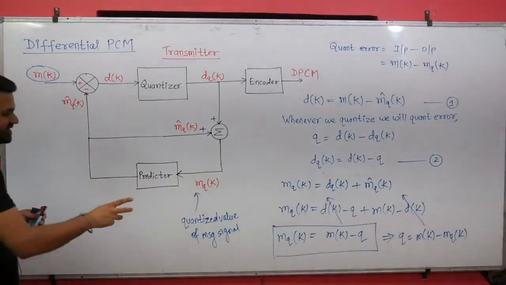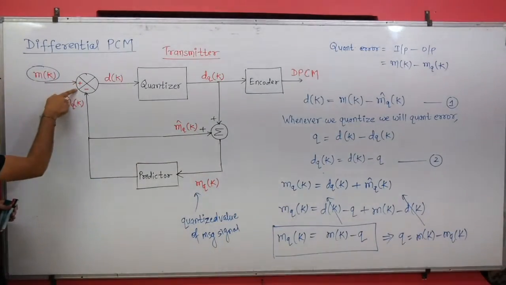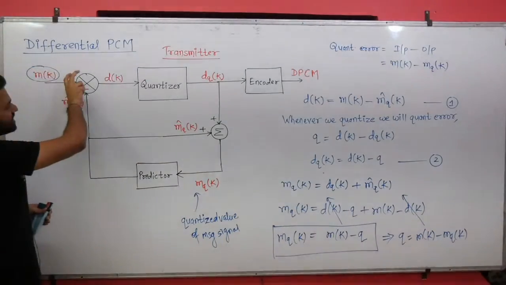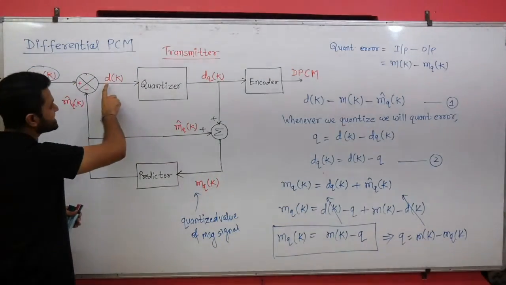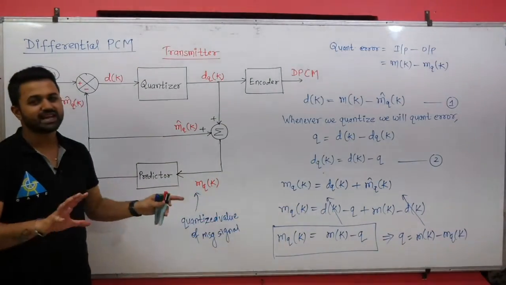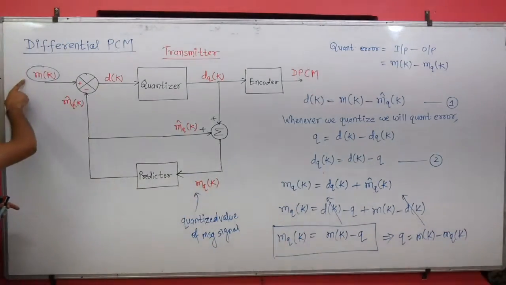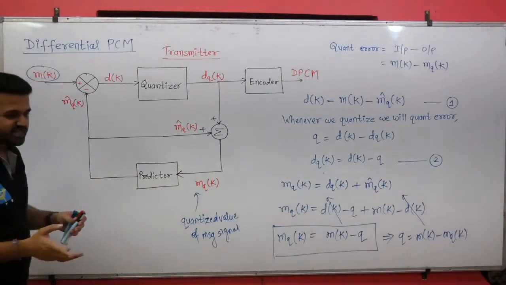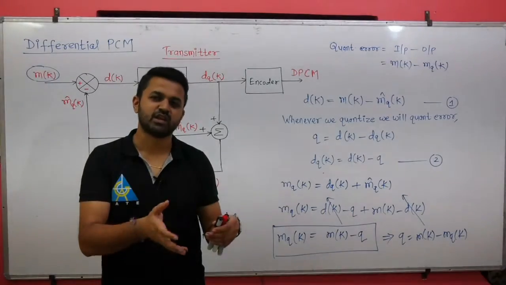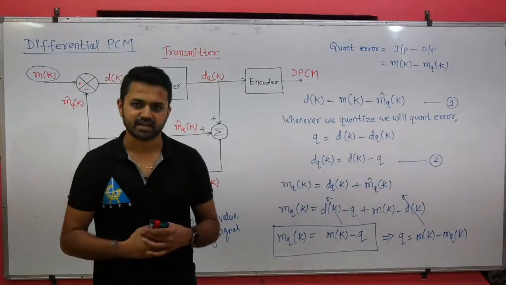That is why we say that even though we are giving the message signal at the input of this adder, here we are quantizing the difference signal, but the message signal is quantized at this point. So we will get the quantized version of the message signal at this point. We generally know that if you give the message signal as the quantizer input, you get the quantized signal at the output.